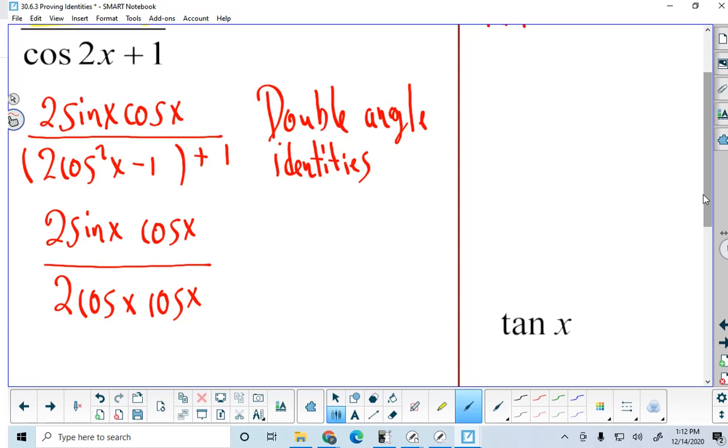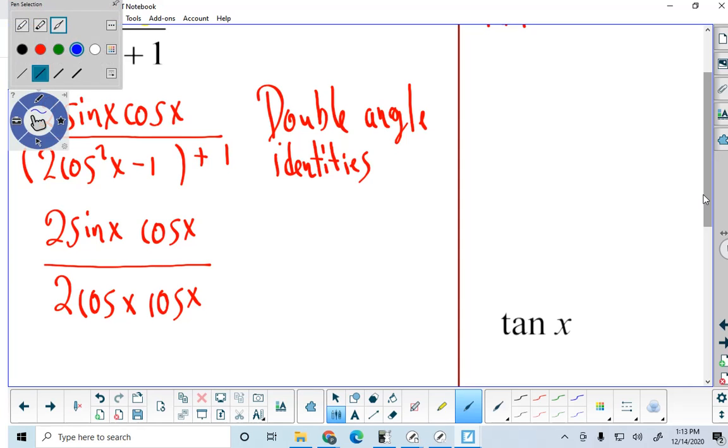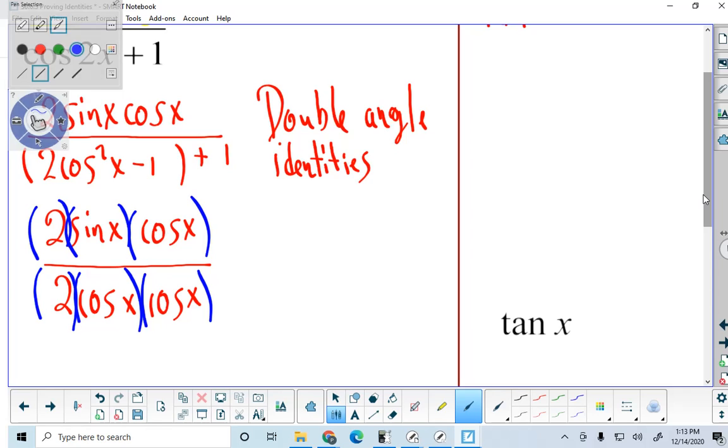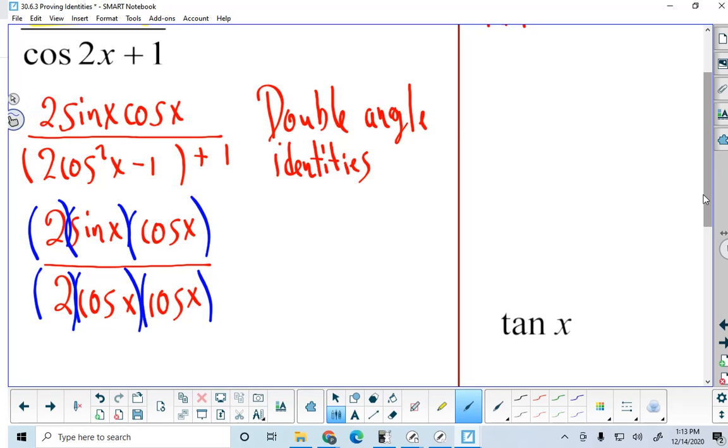The reason why we are allowed to cancel the 2's and to cancel a cosine is because everything along the top is being multiplied. If you had a plus or a minus anywhere in there, all bets are off.